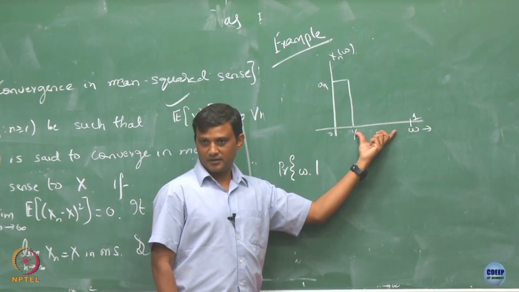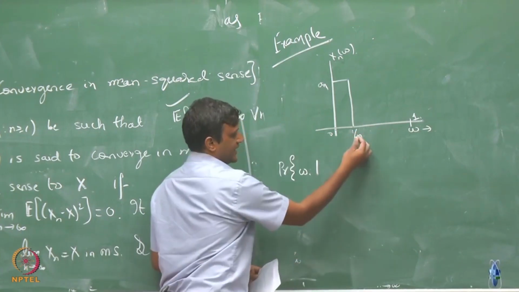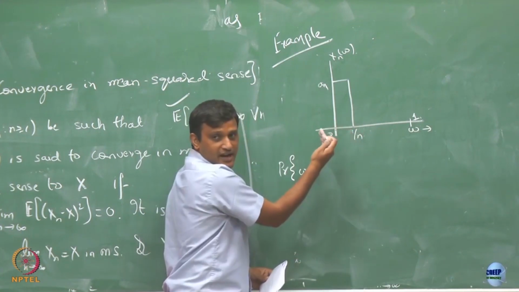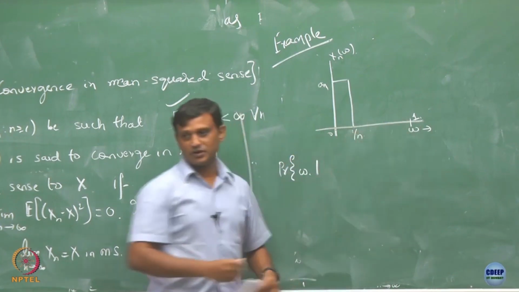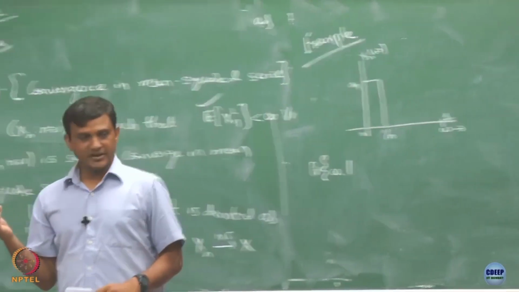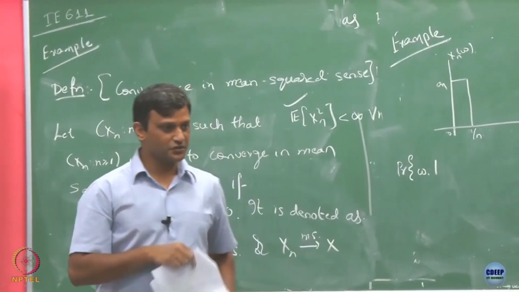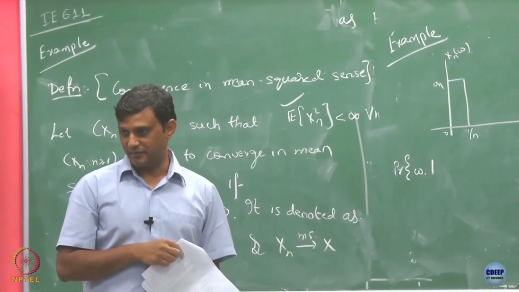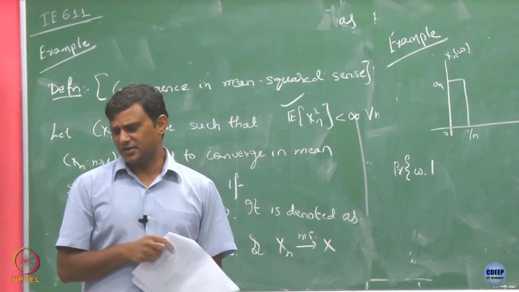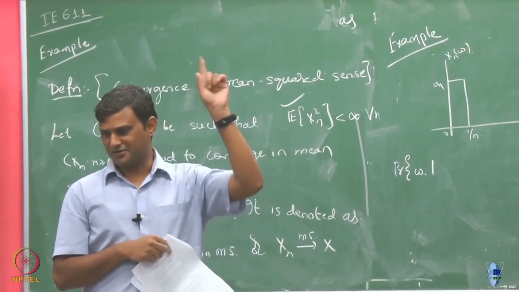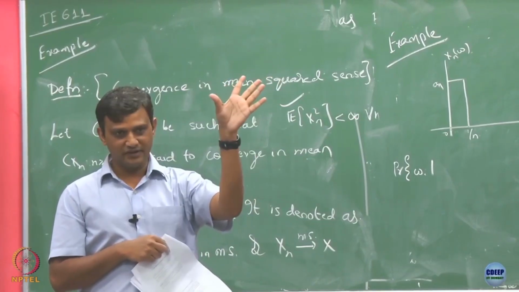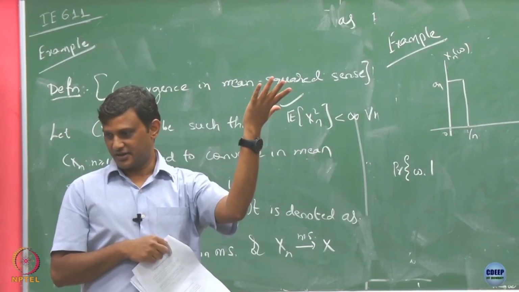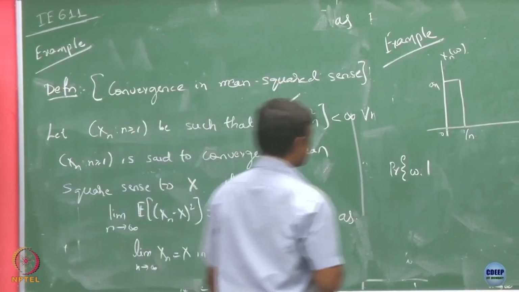So the guess is that this will converge to the 0 random variable. A single point does not matter to me. What matters is the entire interval. If it is 0 everywhere, I am going to just call it the 0 random variable.